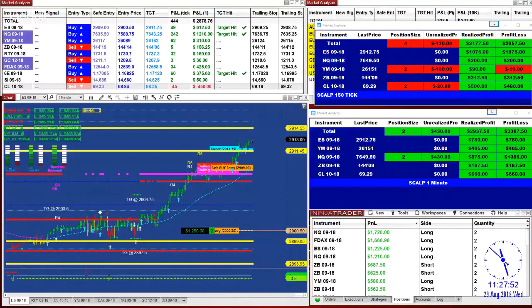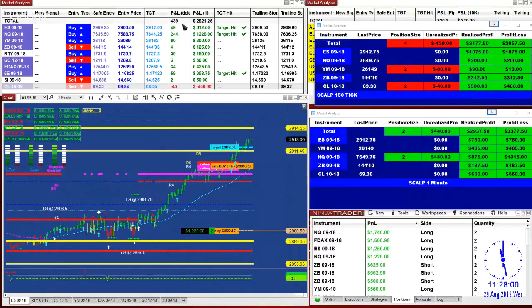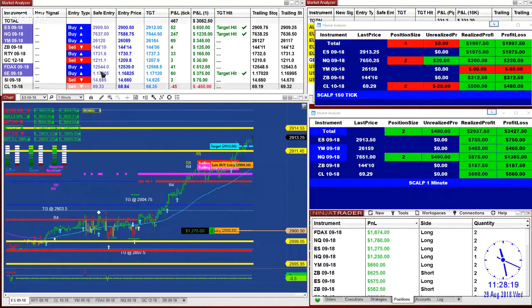Strong market, extremely strong. And now we are 443 ticks in those trades. Those noises are coming from the DAX, 430, 62 on the DAX. Wow.